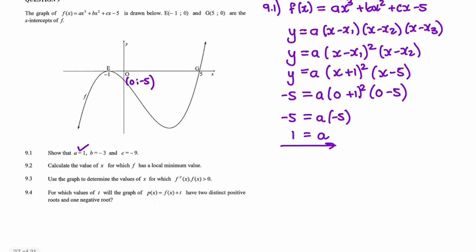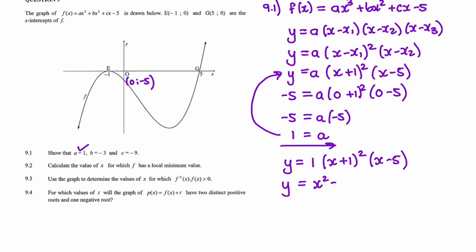Now let us find the values of b and c. I'm going to use this a in my equation for y. So y is equal to a, which is 1, times (x plus 1) squared times (x minus 5). If I expand, I have y equal to (x squared plus 2x plus 1) times (x minus 5).